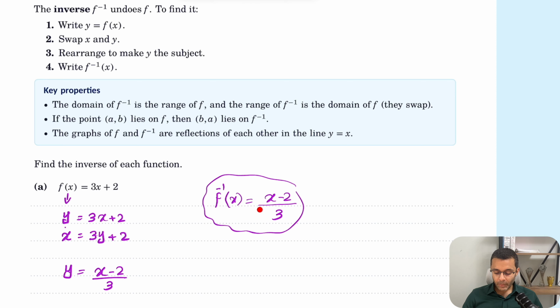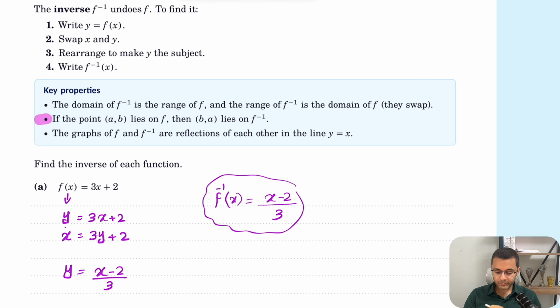Now, keep in mind that f negative 1, or the negative 1 here, is a notation for the inverse. It's not a power of negative 1, for example 1 over f. No, that's completely different. Now, I will illustrate what we mean by this.